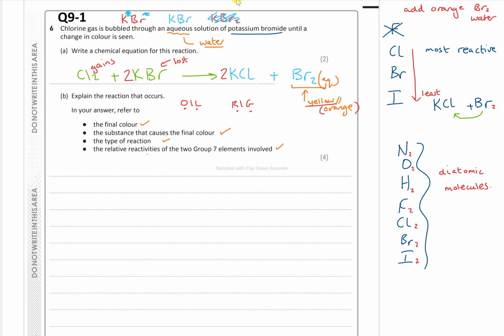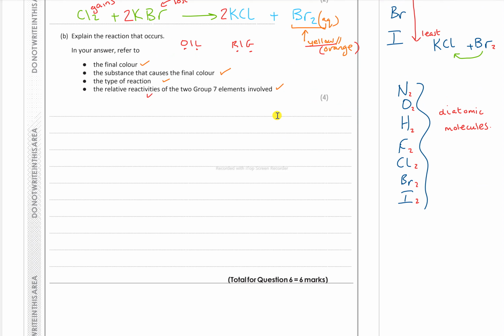And the relative reactivity, so we said that means that chlorine is more reactive than bromine. So we need to write that down for 4 marks. So we've said everything, we just need to write it down. So the solution turns orange. Why?